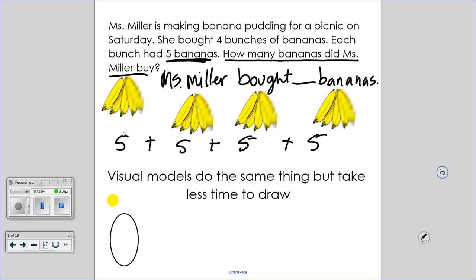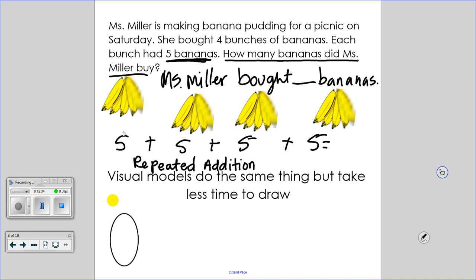I'm going to say this is actually what I will call repeated addition. So if you could write that underneath our equation. When you put your skip counts into an equation, it's called repeated addition.